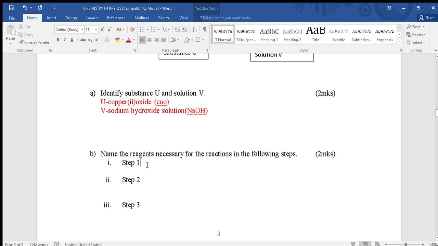So the reagent that you need in step 1, because you've been told to name, you must give the name. So you'll just write manganese oxide.